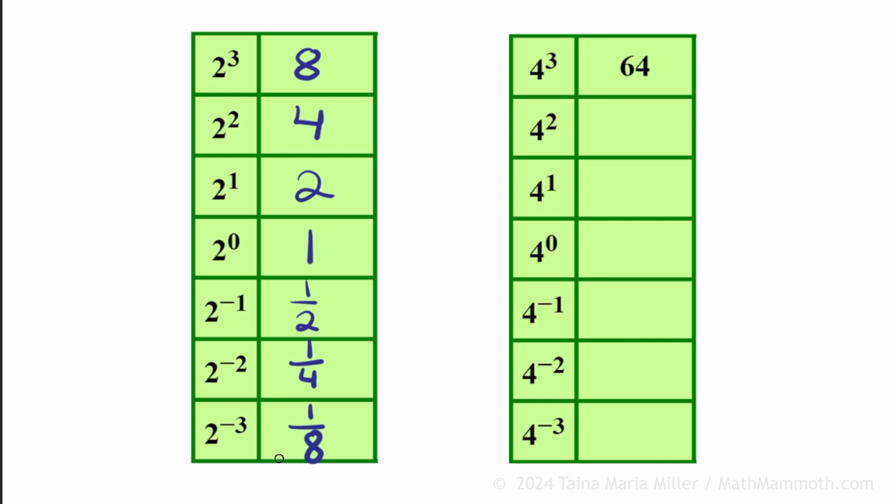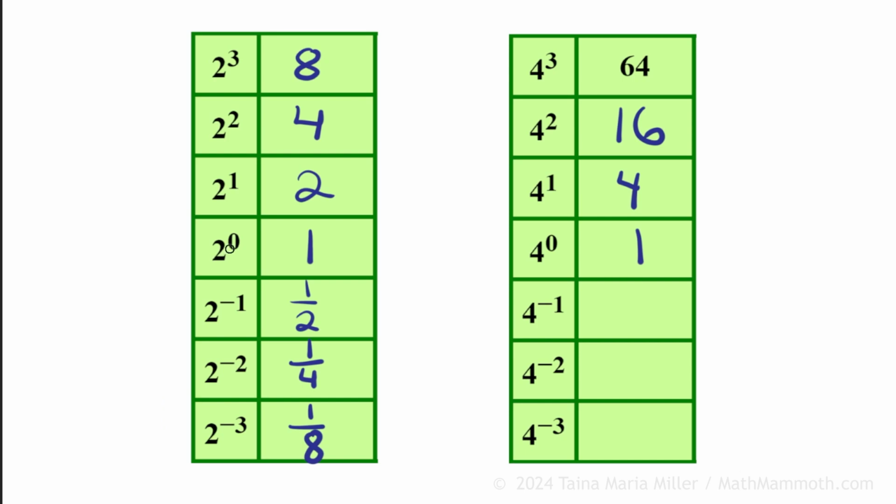Let's do it again though, with this number here, 4 as our base. 4 to the third power is 4 times 4 times 4, 64. And then 4 squared is 4 times 4, and then 4. And now, in each step, we have a division by 4. So 4 divided by 4 is 1 again.